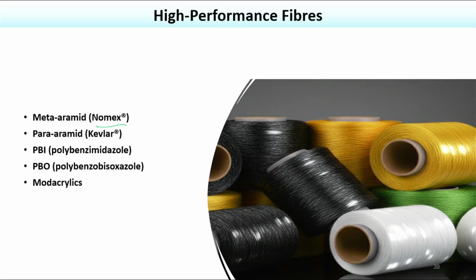Modacrylic is widely used for firefighter clothing. Carbon fibers are used for very high temperature fire protection. Basalt fiber is a natural resource that we can use, and glass fibers we can use for heat shields. It is a relatively cheaper fiber.